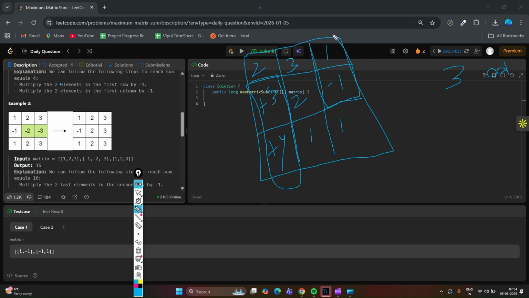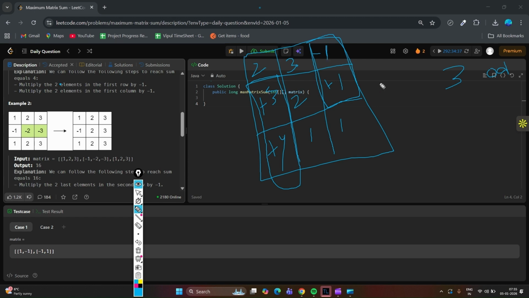If you apply minus 1, then it becomes minus 1 and it becomes plus 1. But in the odd case, at least one element remains negative. This is the concept I want to tell you: if the number of negative elements is odd, then one element remains negative, and that is the smallest element.